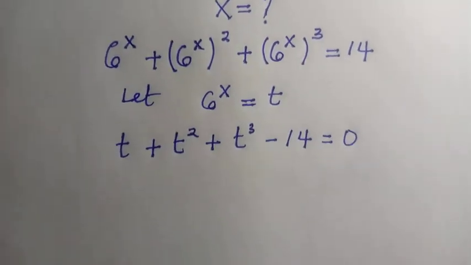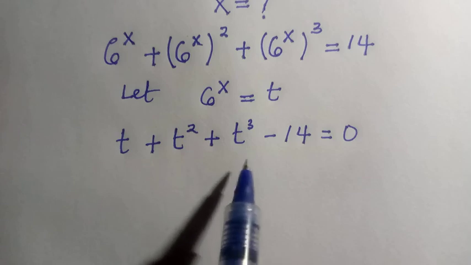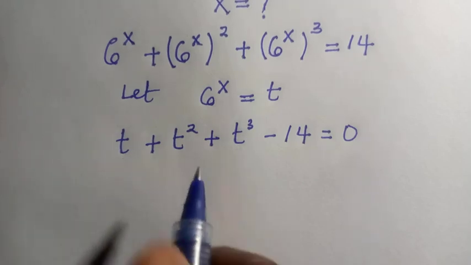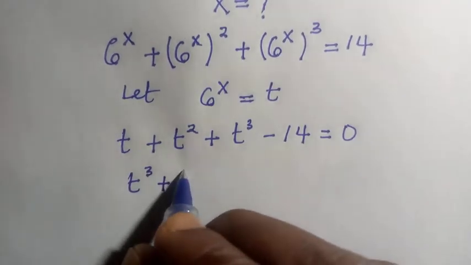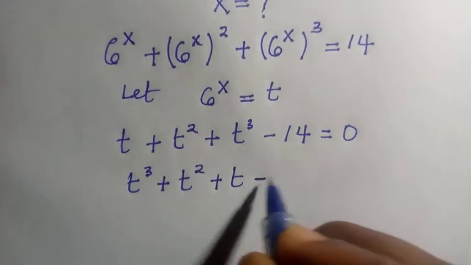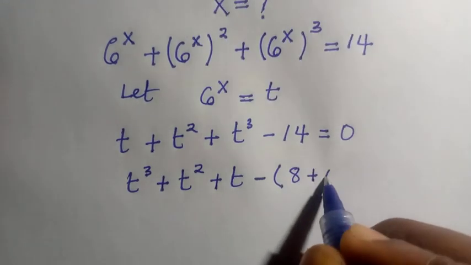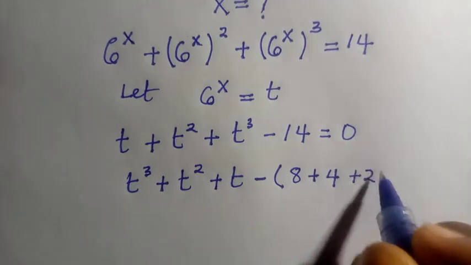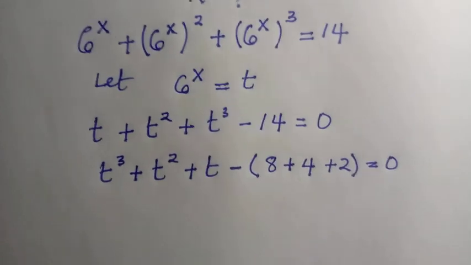So let's try to break down 14 based on the corresponding terms. Before that, we rearrange this as t to the power of 3 plus t squared plus t minus open bracket, so we break this into 8 plus 4 plus 2, then everything equals 0.